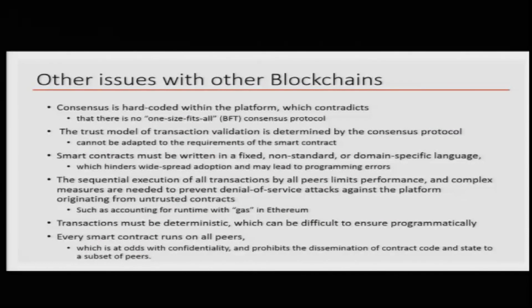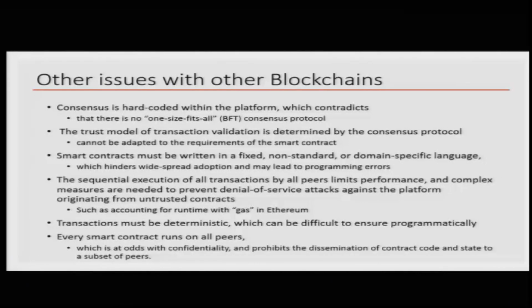The second issue is that, remember, in Bitcoin you cannot overnight change the consensus mechanism; you have to do some kind of a hard fork, right. Similarly, in Ethereum you cannot change the consensus mechanism; you have to do a hard fork.